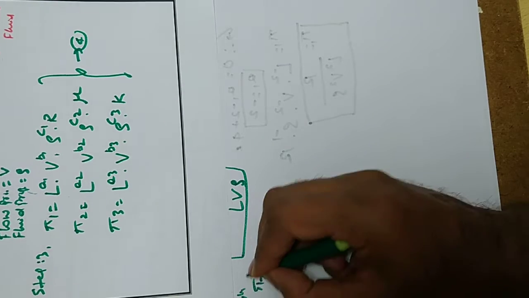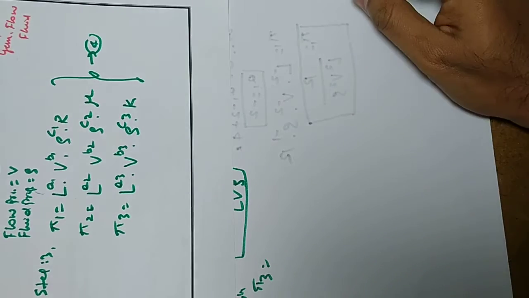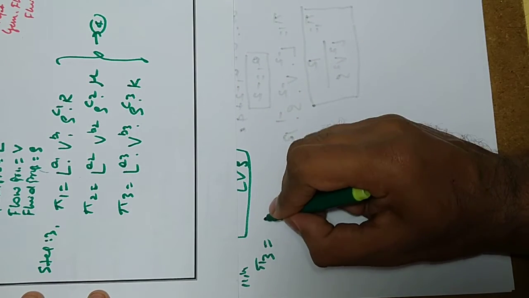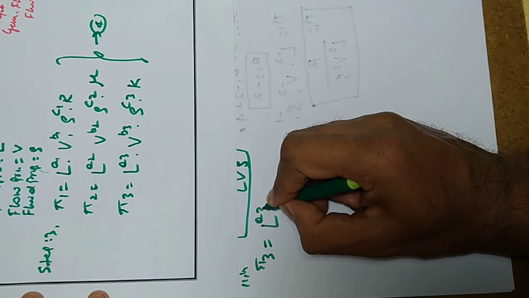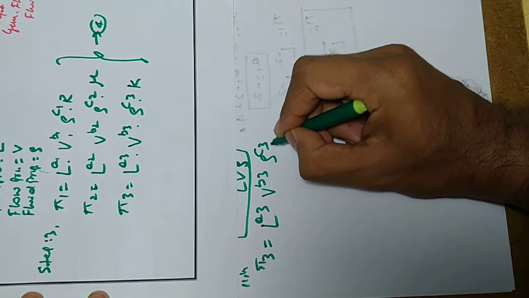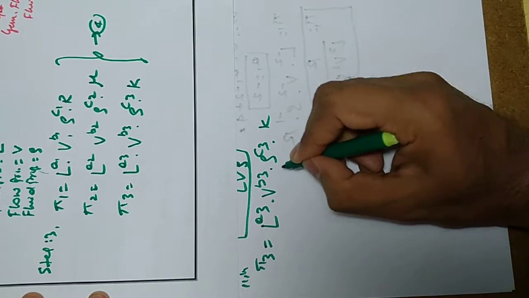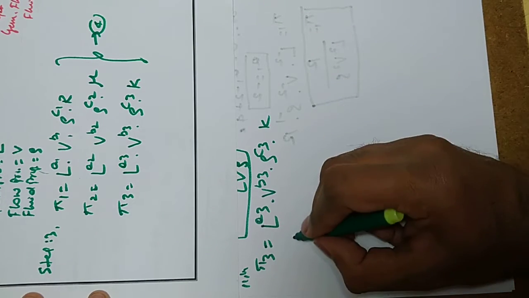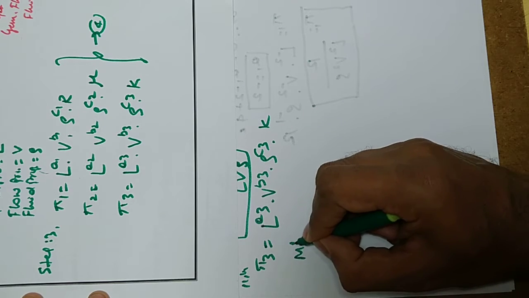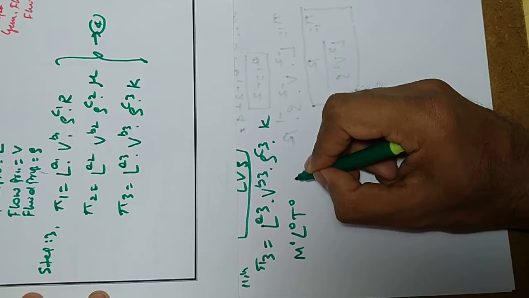Similarly, pi 3 is equal to L to the power of a3, v to the power of b3, rho to the power of c3 into k. Next, similarly write the dimensions. Pi 3 is dimensionless, so m to the power of 0, L to the power of 0, t to the power of 0.